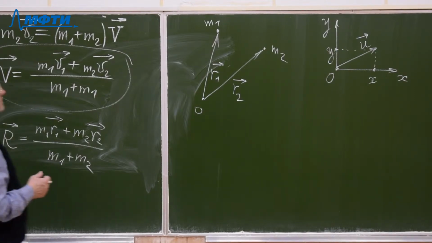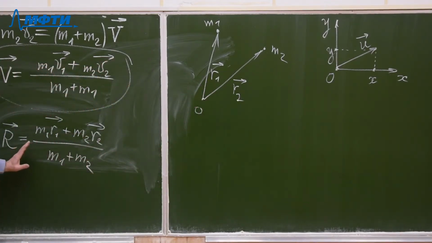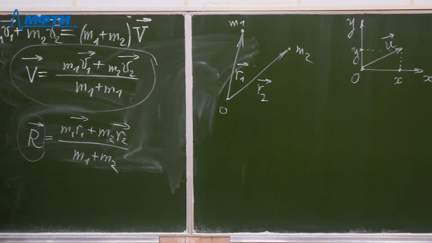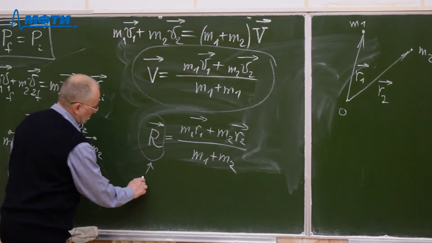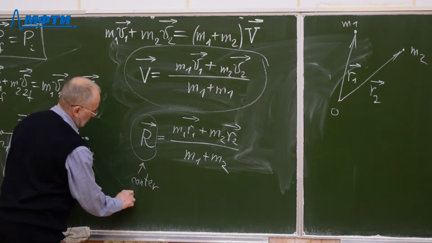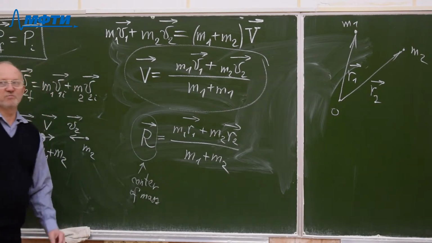So using these two radius vectors, we write down this formula to define a new vector, vector r. This vector is called the center of mass of the system of particles.